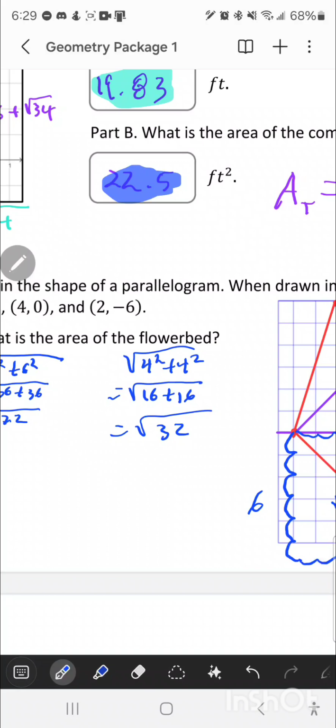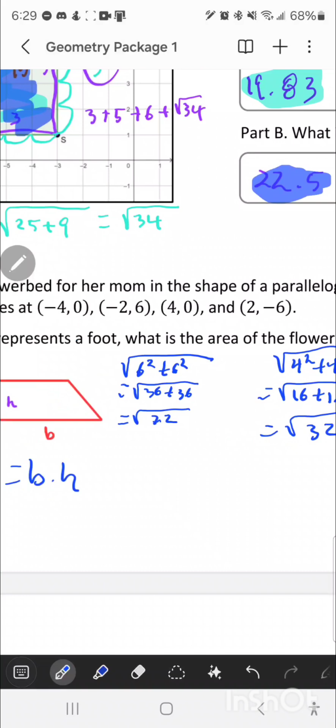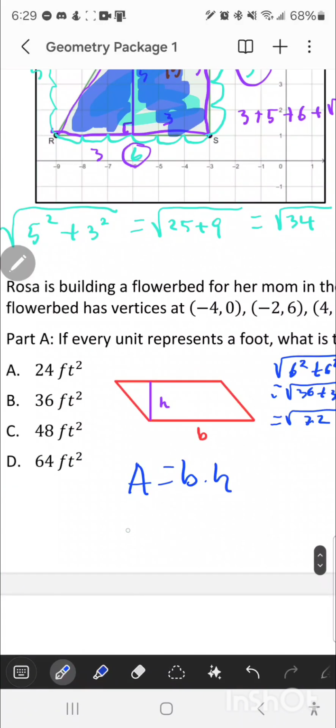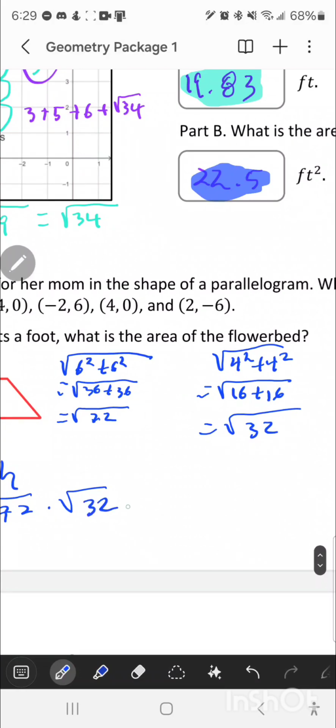Now what we are going to do is multiply these two values, so the square root of 72 times the square root of 32.